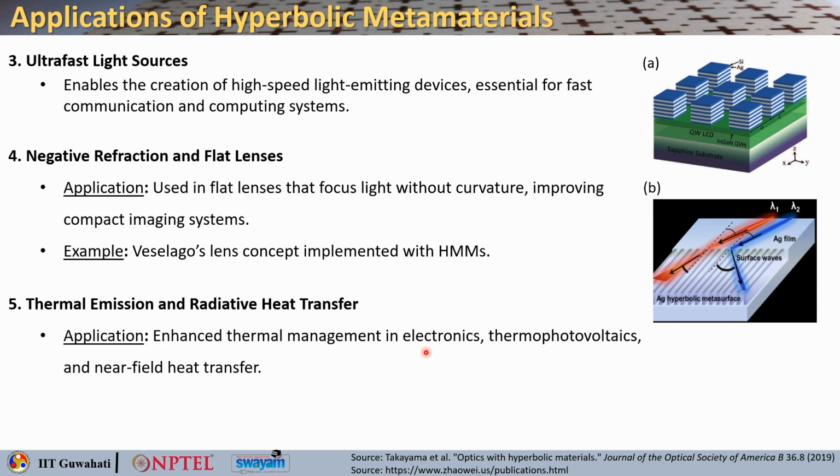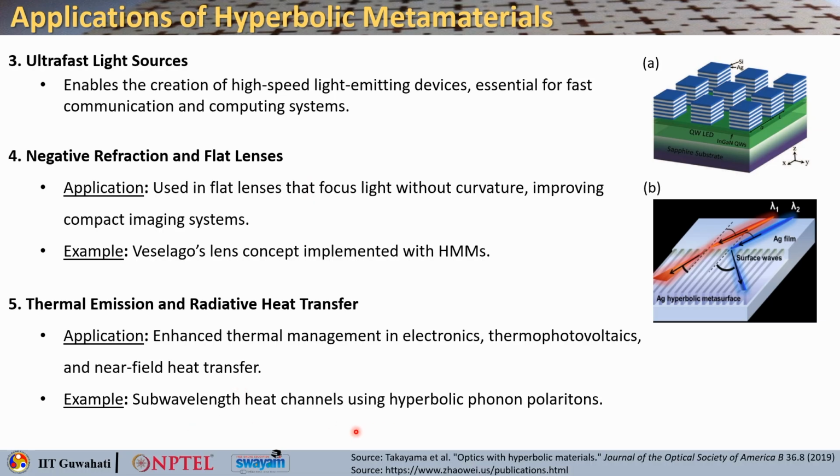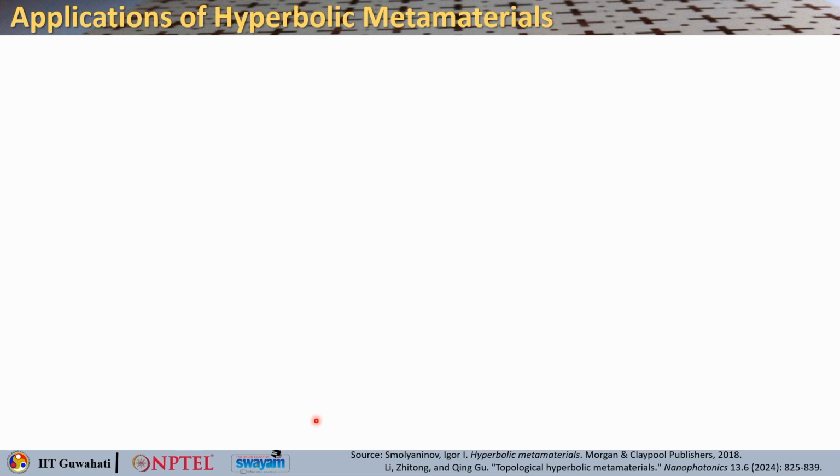You can also see applications where HMMs can tailor the spectral and spatial characteristics of thermal radiation. So, they can be used for thermal management in electronics, thermophotovoltaics and also near field heat transfer. These are some of the important applications where people use hyperbolic metamaterials.